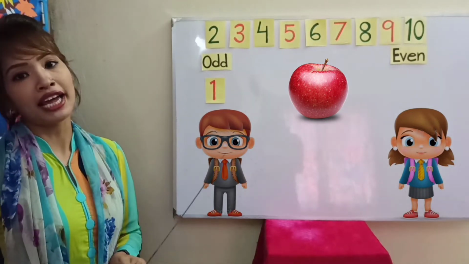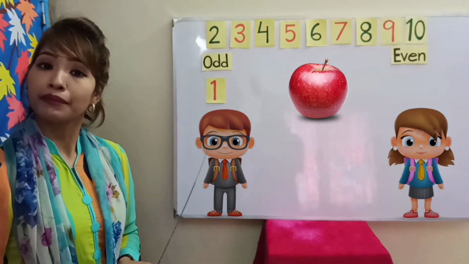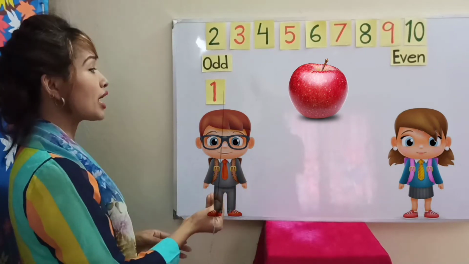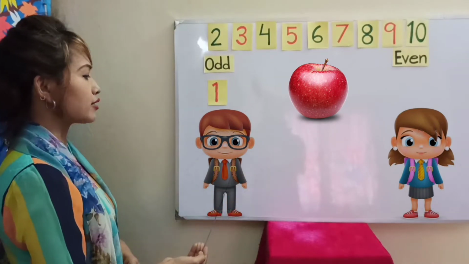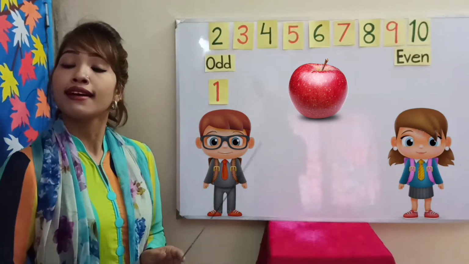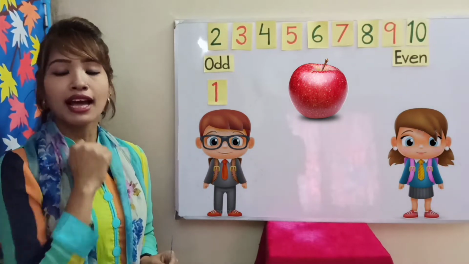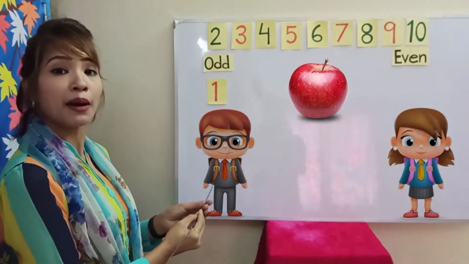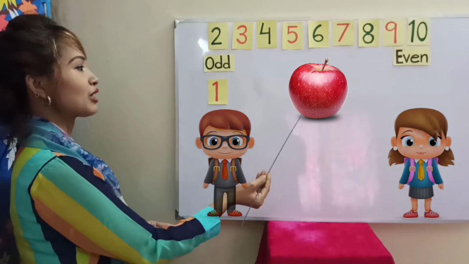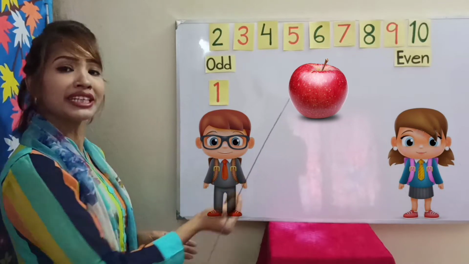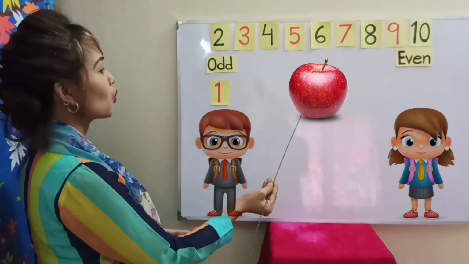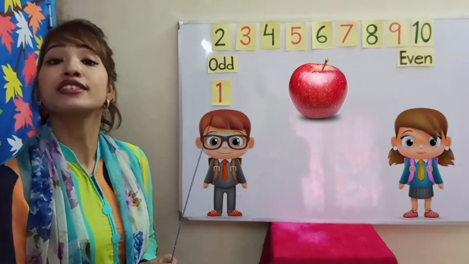The whole apple I have to share among them, which I can't do. So, 1 apple, and only Tony will get it. Molly won't get any, so Molly will be very sad. That is why the 1 apple is in the middle and I'm not going to share it among them. So, 1 is odd.